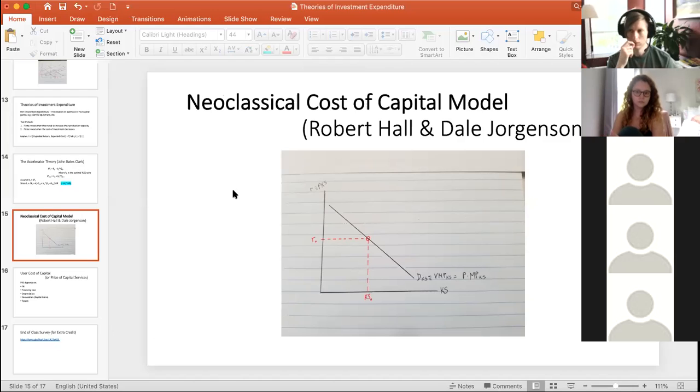All right, so neoclassical means microeconomic orientation. For those of you who took intermediate micro, maybe you got to the demand for labor or labor market analysis. I used to when I taught the course. What Hall and Jorgensen said is, imagine that the demand for capital is exactly analogous to the demand for labor.